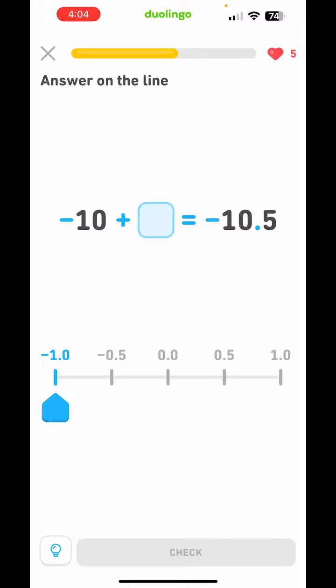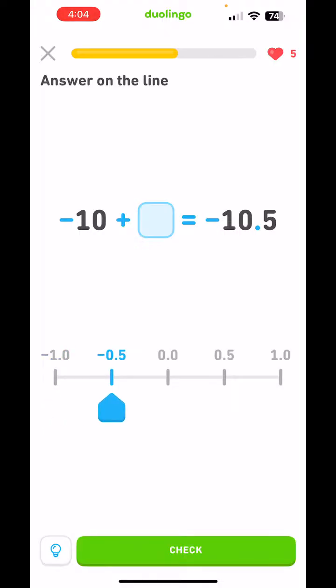Positive. No, it's negative? Oh. Interesting. So wait, because a negative predicts a negative. So a negative 10 minus, okay, I see. Okay. I think it kind of clicked for me just now.